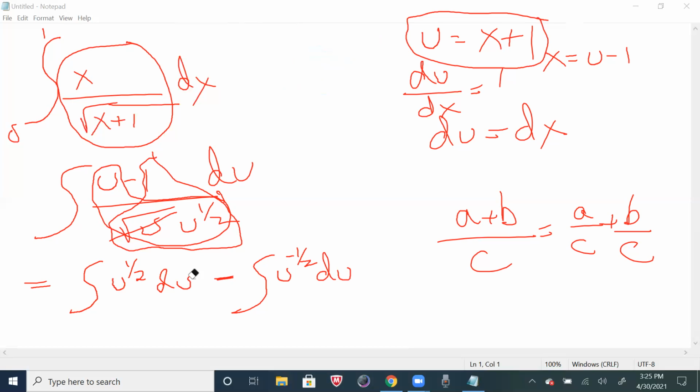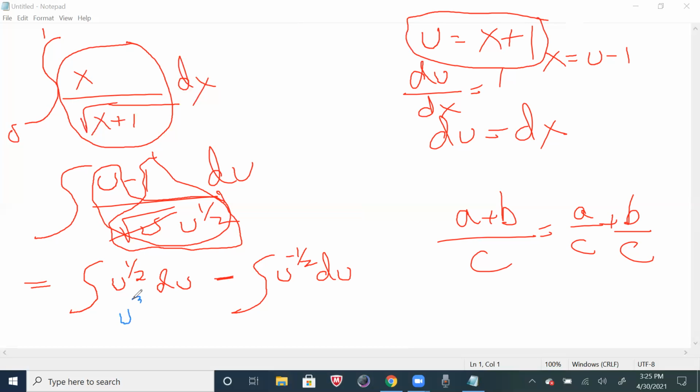And now it's pretty easy. We can just use the power rule. What's the integral of u to the 1/2? So the power is going to be 3/2.